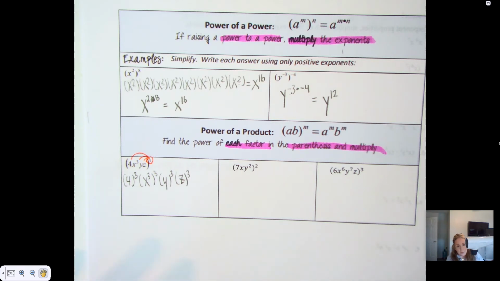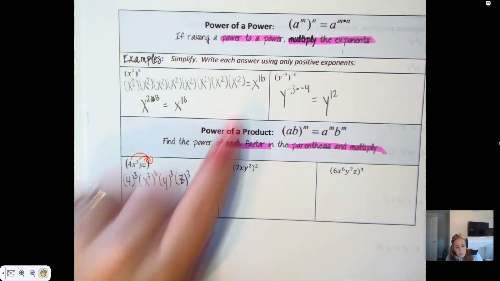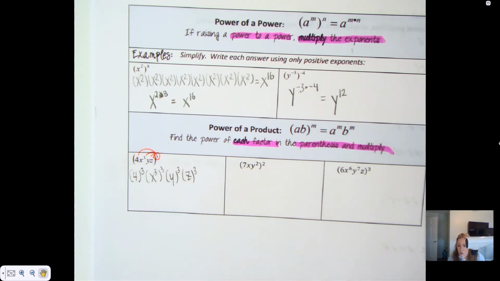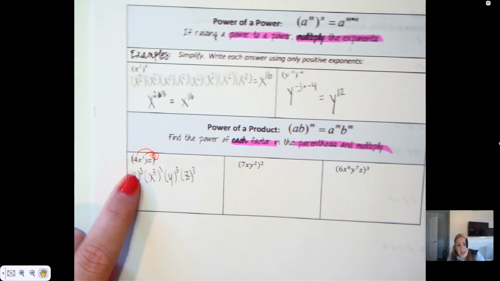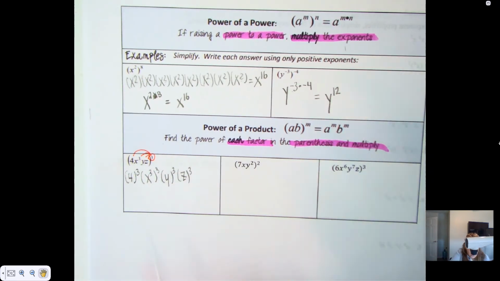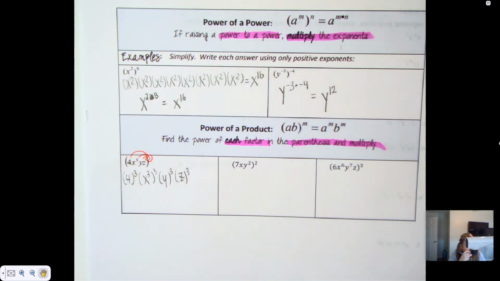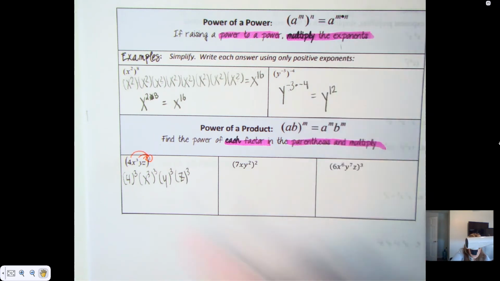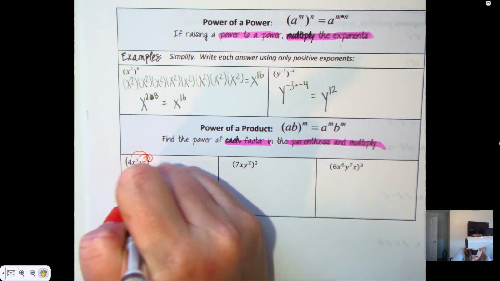Okay, now remember from above, what happens when I raise something to any power? I multiply the exponents. Okay, so here I would get 4 to the third. Well, let's just rewrite that. 4 to the third is 64.